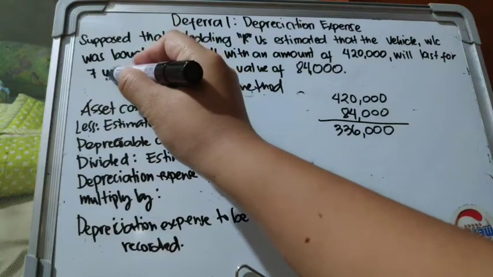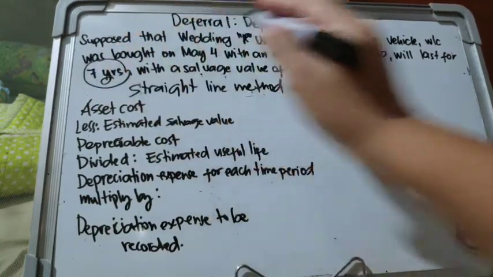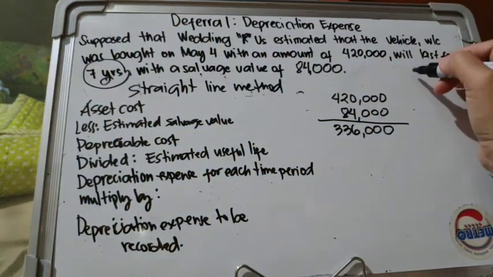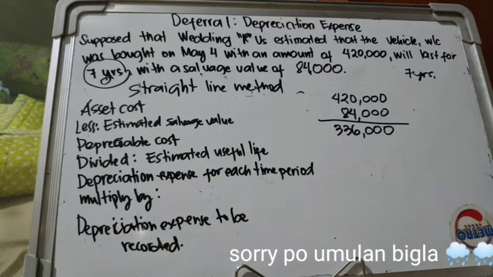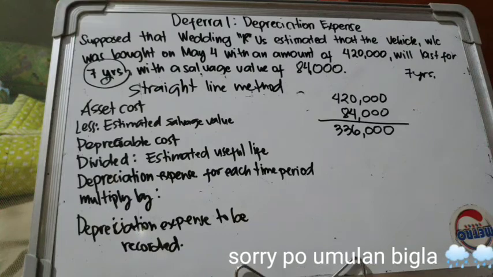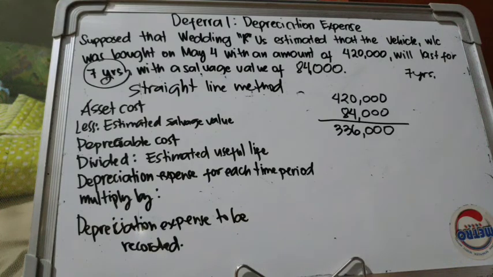The useful life of the vehicle is 7 years. Okay. 7 years ano. But as you notice, ang ating adjusting entry is for the month end May 31, 2009. So, the same yung mga month end natin, no? Or the same yung target ng adjusting entry natin.